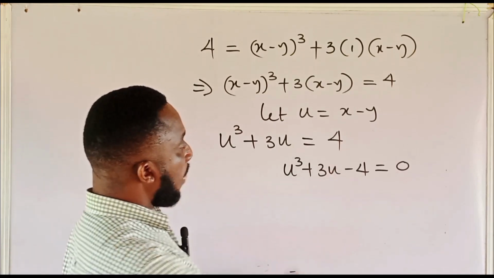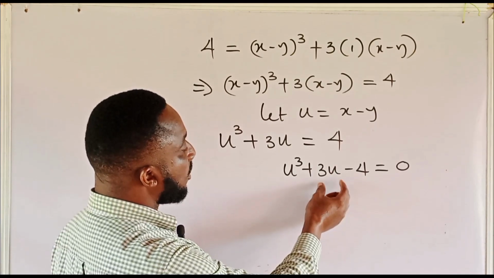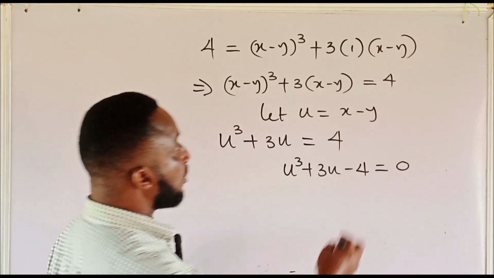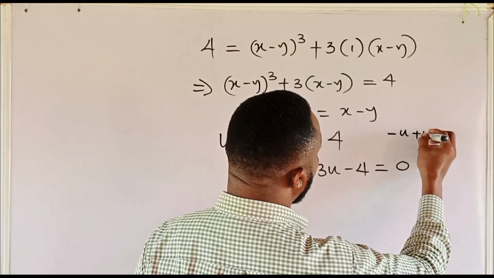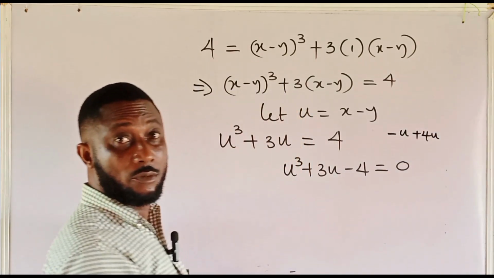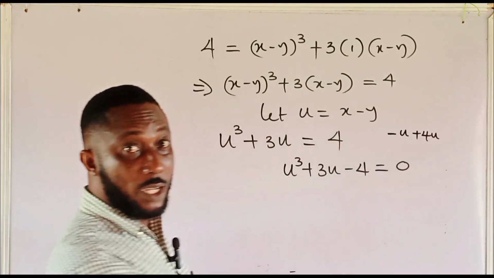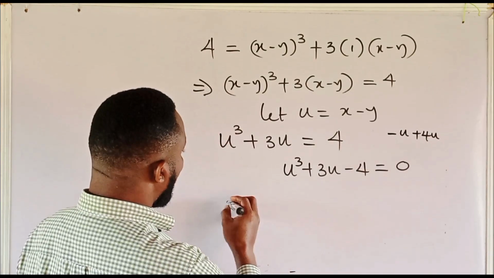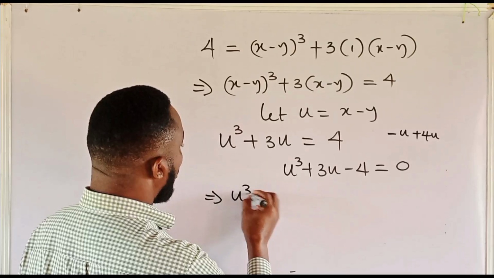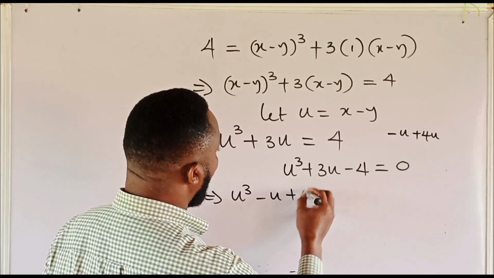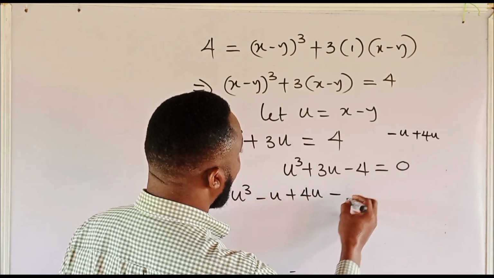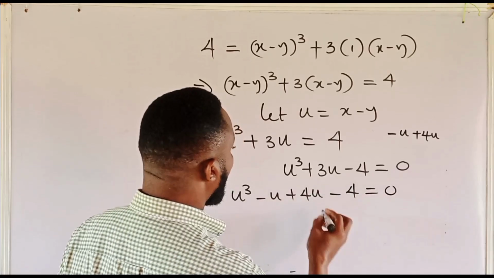So now, if we are to factorize, in place of 3u, I will replace it with minus u plus 4u. That does not really alter anything. Minus u plus 4u, that's 3u. So we shall have u cubed minus u plus 4u minus 4, everything equal to 0.